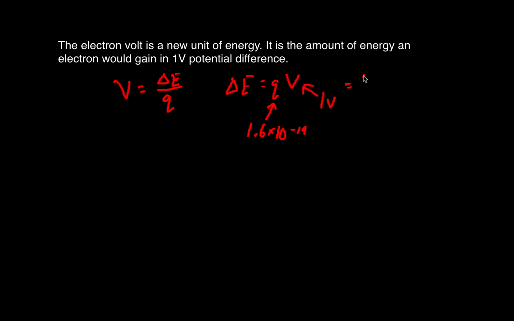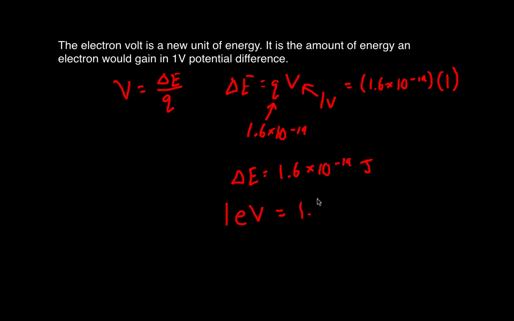So this is equal to 1.6 times 10 to the negative 19 times 1 volt. So the change in energy an electron will gain in 1 volt potential difference is 1.6 times 10 to the negative 19 joules. This is an electron volt. 1 electron volt equals 1.6 times 10 to the negative 19 joules.